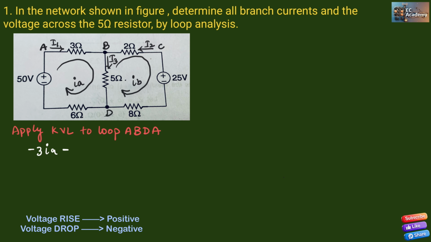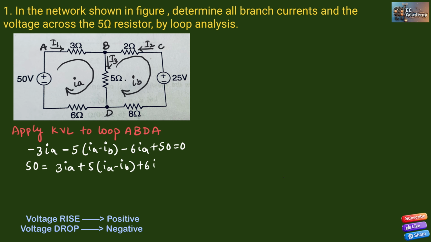Across the 5 ohm resistor, it is minus 5(IA minus IB). Across the 6 ohm resistor, it is minus 6IA. The voltage rise across the battery is plus 50, and the sum will be equal to 0. If we send these terms to the right hand side, we can write 50 is equal to 3IA plus 5(IA minus IB) plus 6IA.